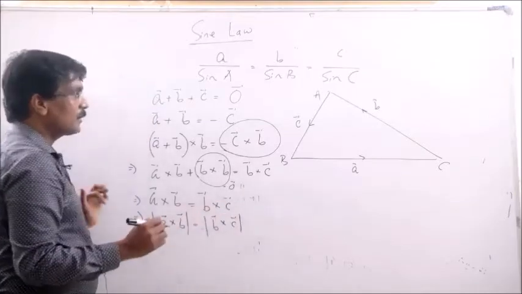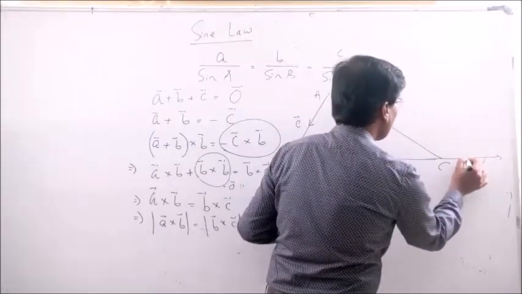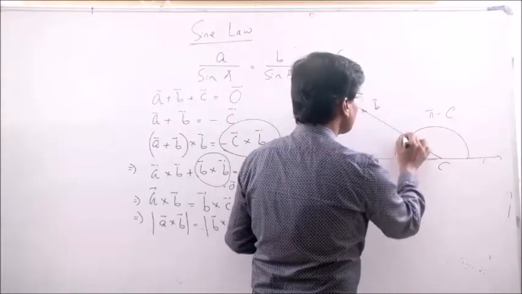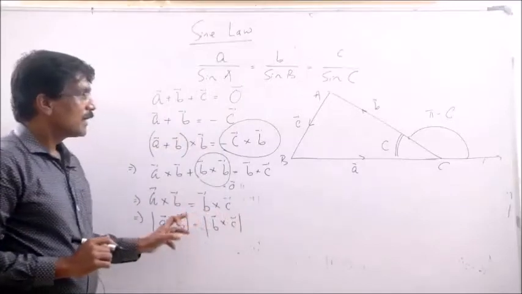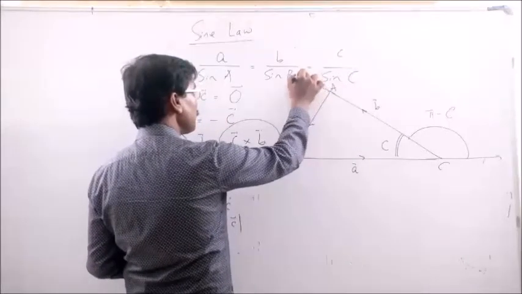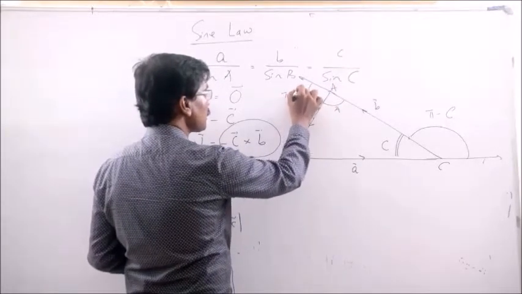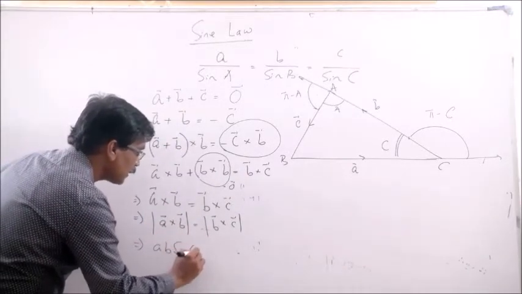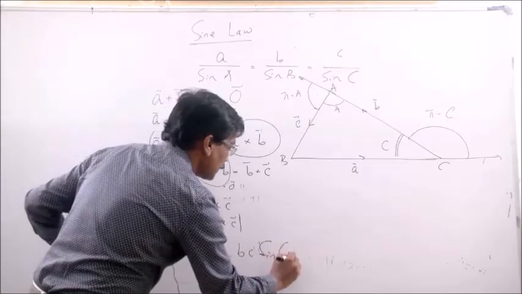Now if I take the magnitude of both sides, a cross b magnitude is equal to b cross c magnitude. Between a and b vector, we extend a vector, and the angle between a vector and b vector is pi minus C, because this is angle C. So this angle is pi minus C. Similarly, for b vector and c vector, we extend b vector, and this is angle A, so this angle is pi minus A. So that is equal to ab sin(pi minus C) is equal to bc sin(pi minus A).